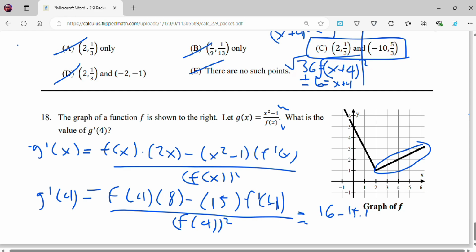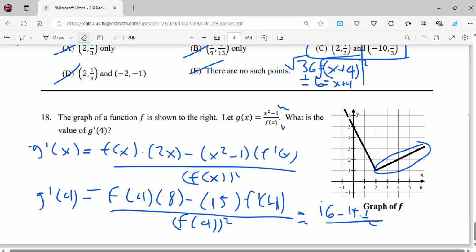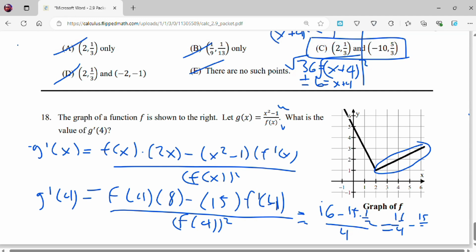So 15 times 1/2, right? Over f of 4 squared. So f of 4 is 2, squared is 4. And so we get 16 over 4 minus 15 over 2 divided by 4.